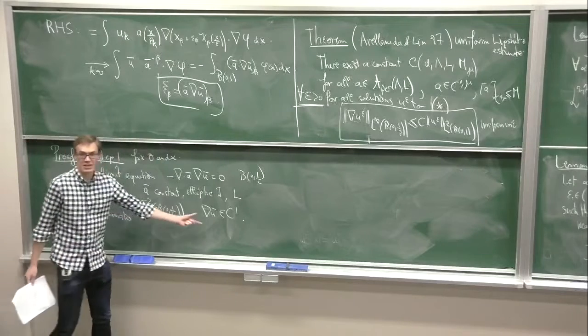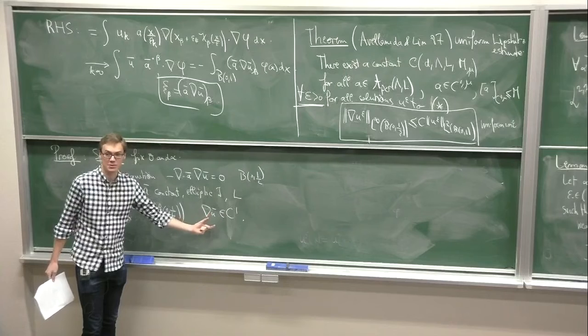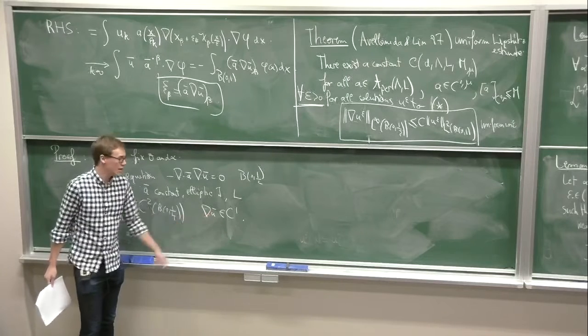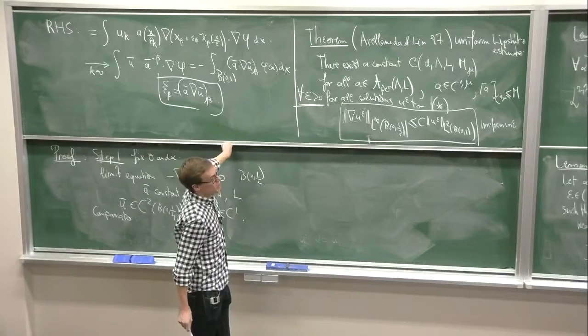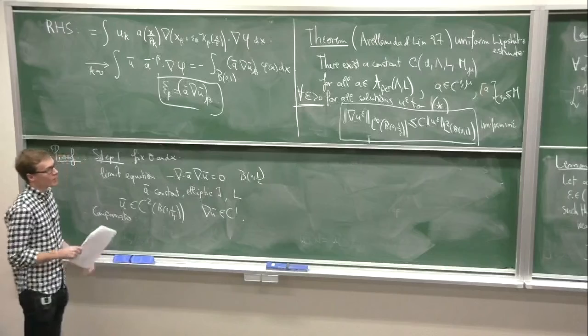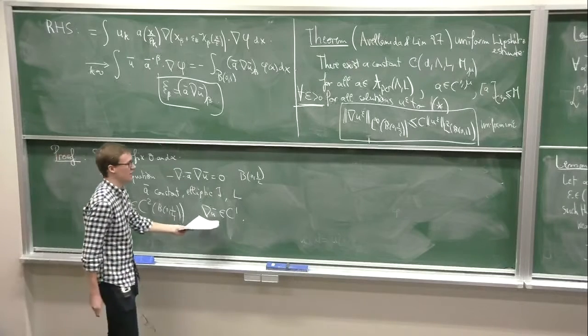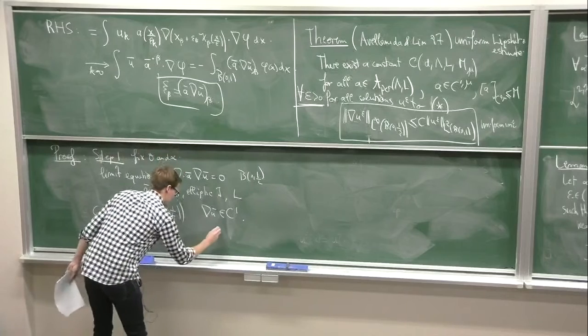And I have a characterization of what it is to be in C1 in terms of Campanato, because the Campanato lemma works for alpha 1 included.